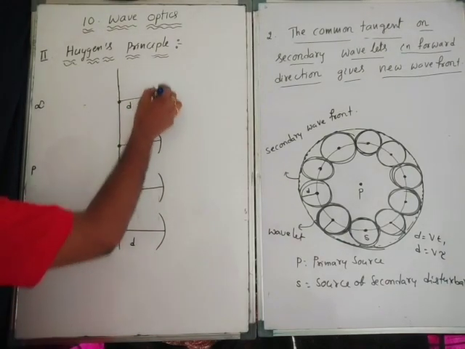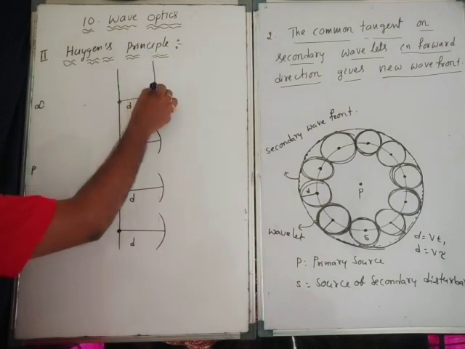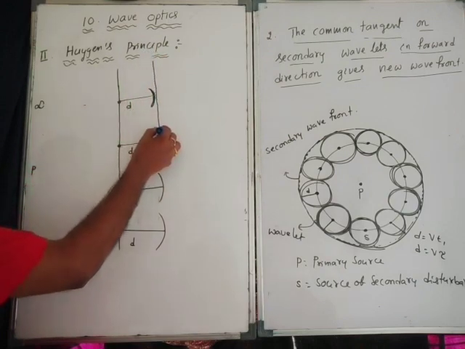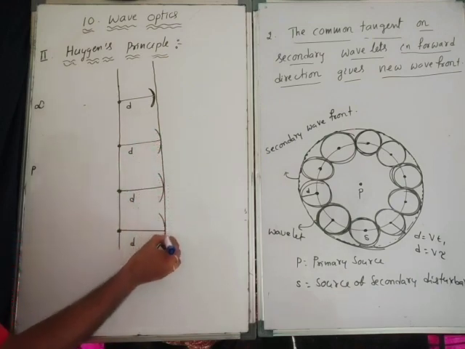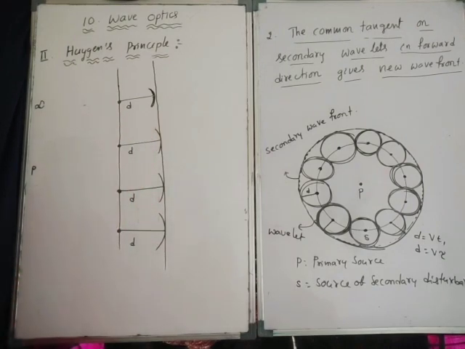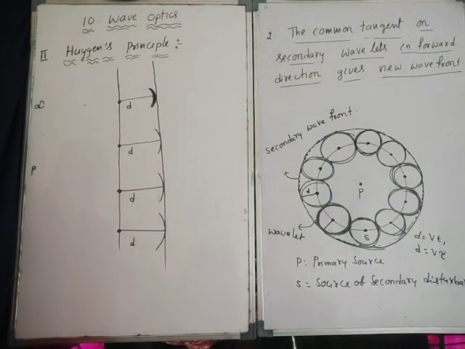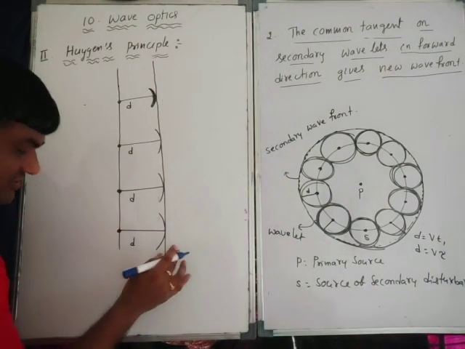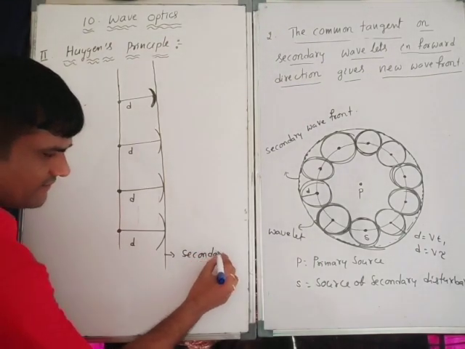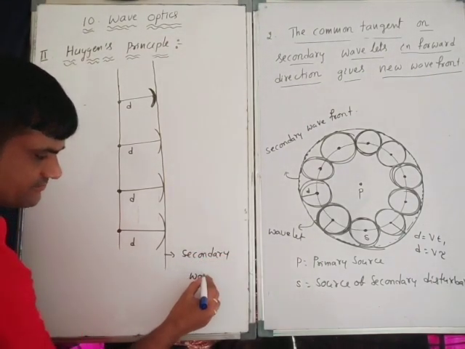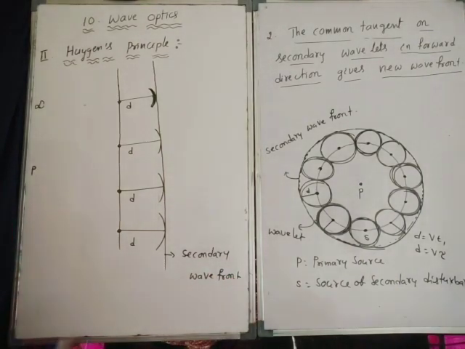Right? So now again I draw a common tangent. A common tangent is used for secondary waves. The common tangent gives the secondary wavelet, that means the secondary wavefront.